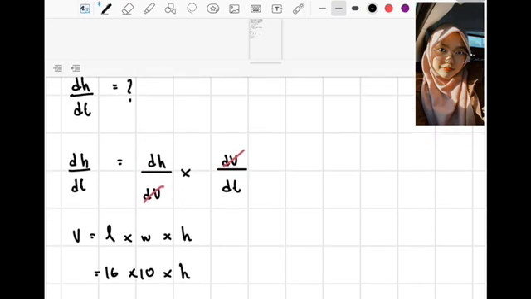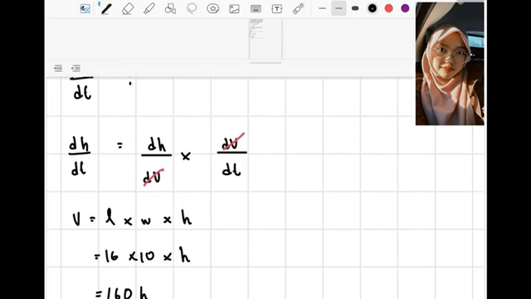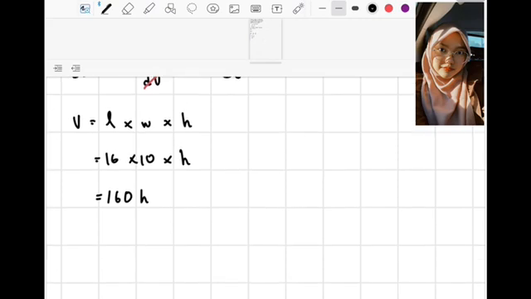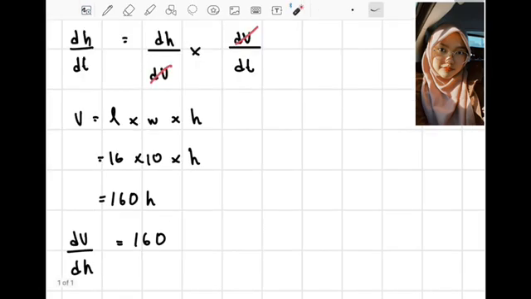Since dV over dt is given, we only need to find dh over dV. So we have to differentiate the formula to get dV over dh. So dV over dh is equal to 160. However, from the formula we made, we need dh over dV.